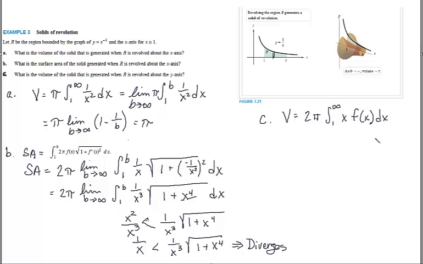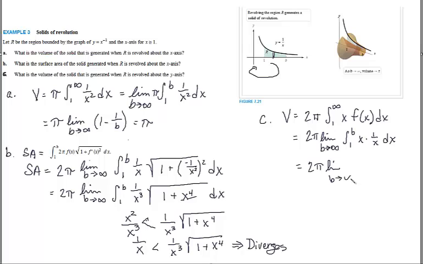Okay, for question C, we're going to use the shell method. We're rotating this about the y-axis, and we'll be integrating from 1 to infinity using the shell method, and here will be my integral. Well, that makes this one really easy.